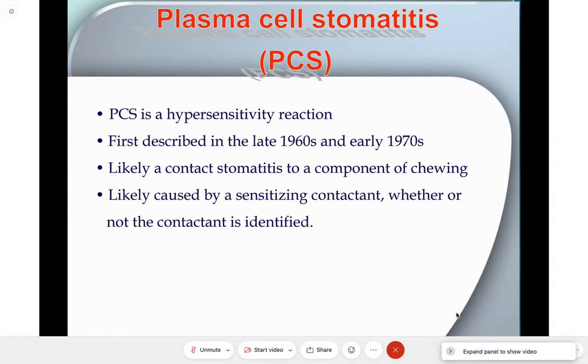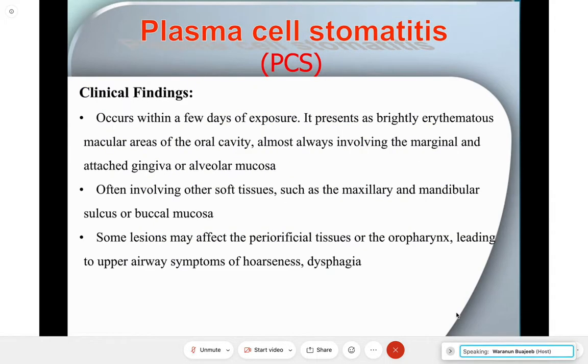It may be related to any ingredient in chewing gum, toothpaste or mouthwash, causing swelling and erythema of the gums. After the exposure, it will involve all the attached gingiva or also the alveolar mucosa.